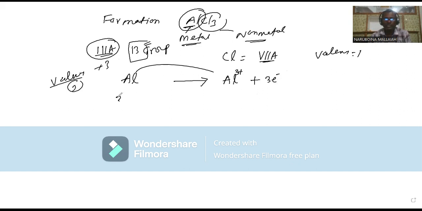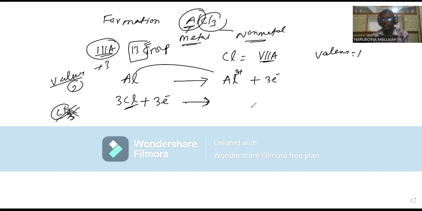You must write 3 Cl. Right? Don't write Cl3. Don't put this 3 below the Cl. Now put arrow mark. These chlorine atoms are receiving electrons. So if they receive electrons, you must write them on the left side of this arrow mark. Here only we have to write 3 electrons.